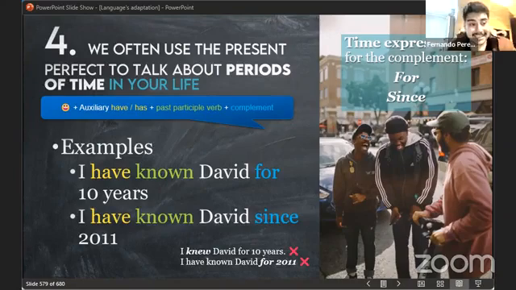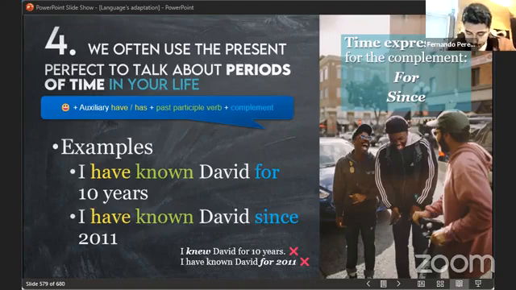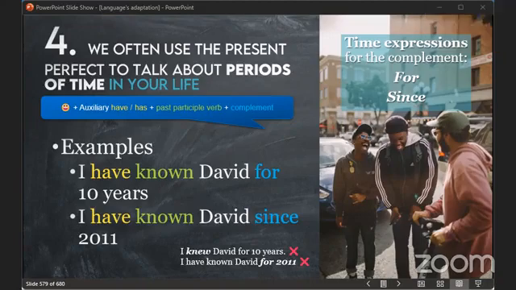Same example, but since, not for. Okay. I have drank beer since. Pronunciation? Since. Excellent. I have drank beer since.